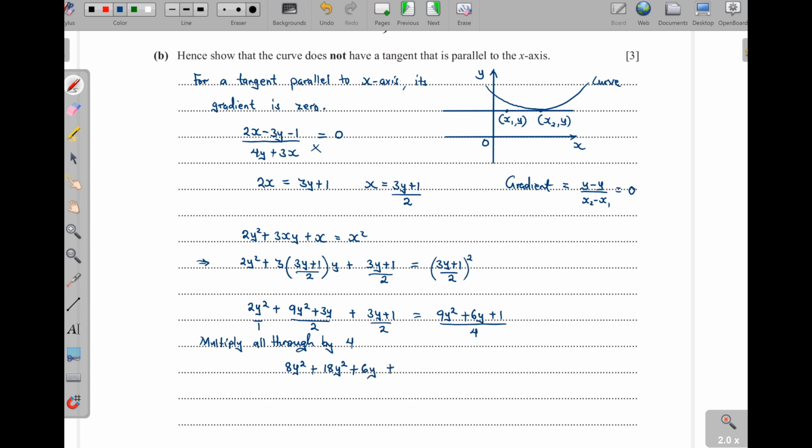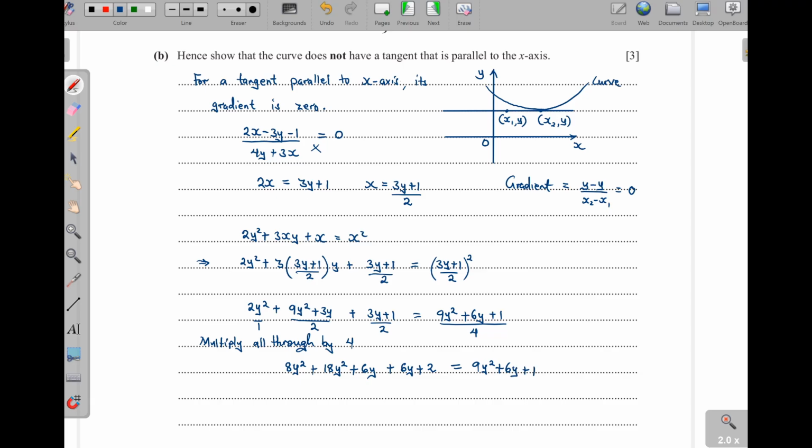Then plus, we are putting a 4 here again, you are getting a 2. So that 2, then multiply by (3y plus 1), so you get 6y, then plus 2. Then this other side, of course, when I multiply by 4, the 4 disappears. So that means I'll have 9y squared plus 6y, then plus 1.